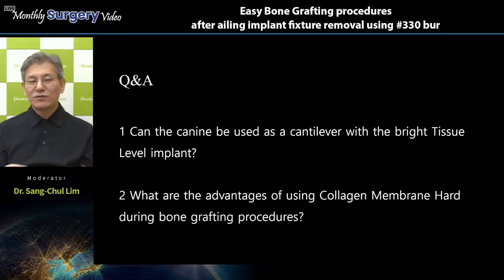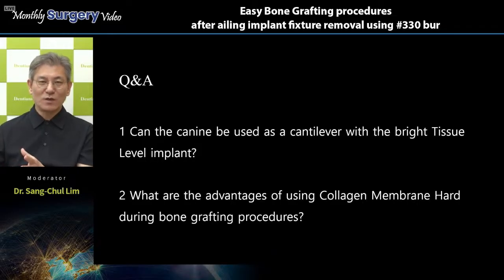This membrane has two different types. First one is soft and resilient. Another one is stiff and hard. Both collagen membranes have different characteristics and different good points. However, this hard type is long lasting. So it is suitable for a bigger defect, where we need more time, like more than 6 or 7 months.